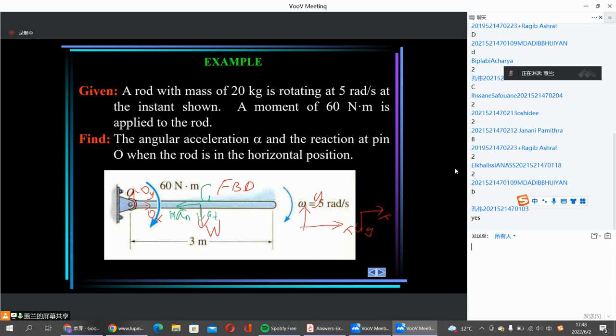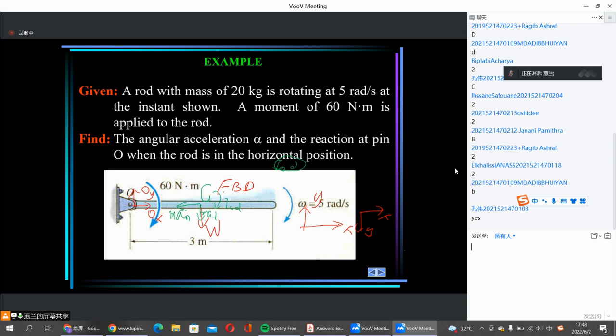So we'll have m a_n, m a_t. Sure, you will have I_G alpha, or you just don't use I_G alpha and use I_O alpha, that will be okay.